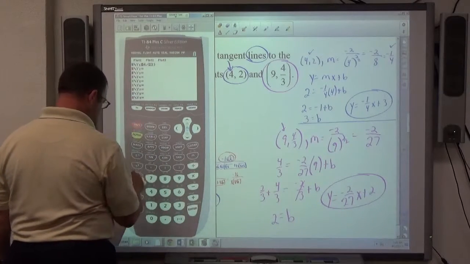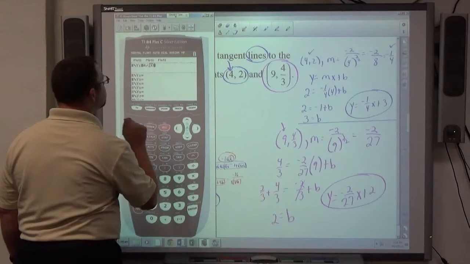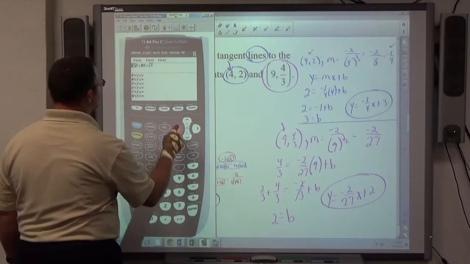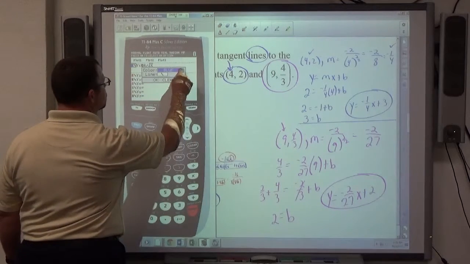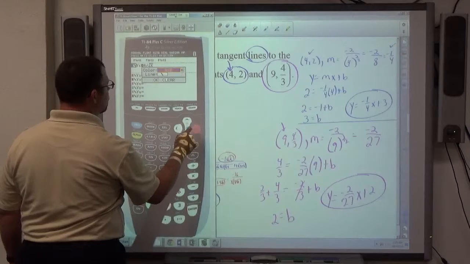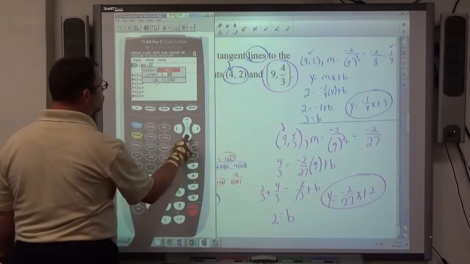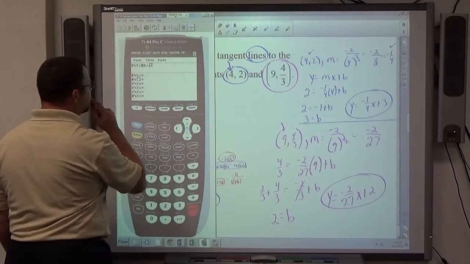So if we graph y equals 4 divided by the square root of x, and let's make that a different color. There, we'll make that red. We'll make this one blue.